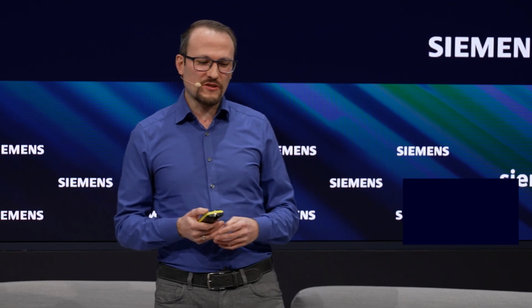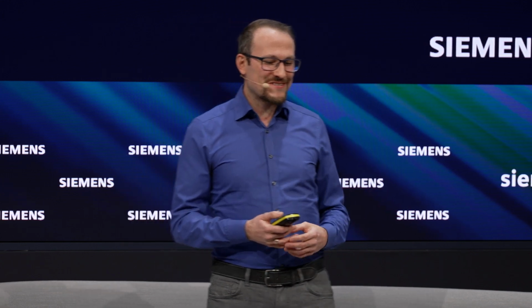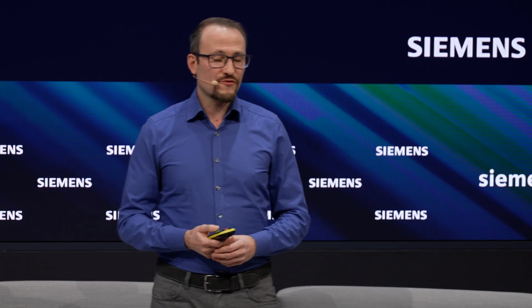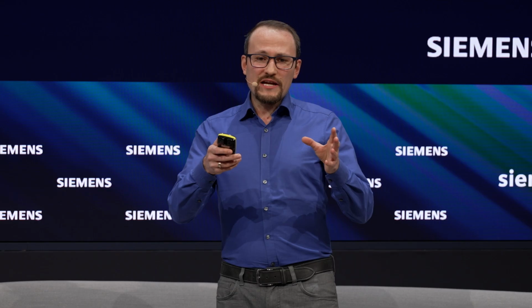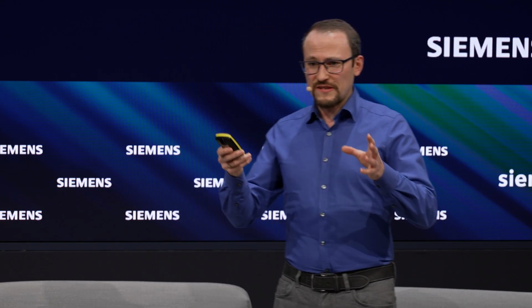So in the end, SINEC Secure Connect is the answer to your complex industrial cybersecurity challenges. It gives you a highly secure, flexible, and easy-to-manage network. It protects your existing infrastructure, and it makes your whole network future-proof. SINEC Secure Connect is already available today as a cloud version, an as-a-service version, which you can buy today.